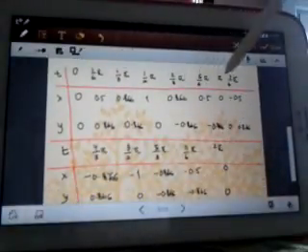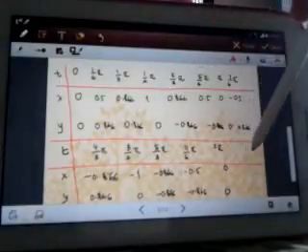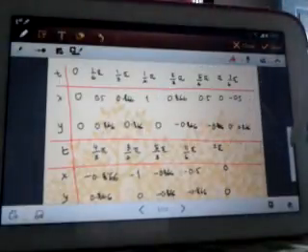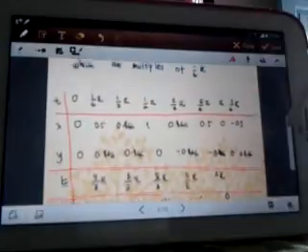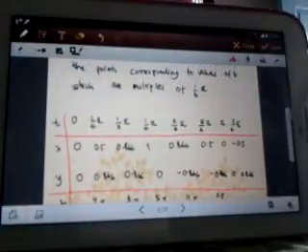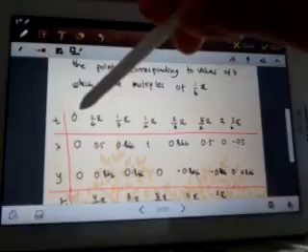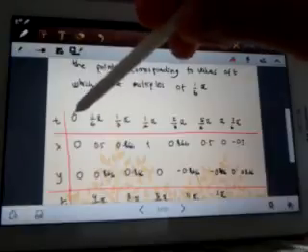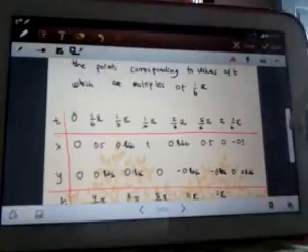All of these values are multiples of 1 over 6 pi. For the x value and y value, you just substitute these values into the equations.